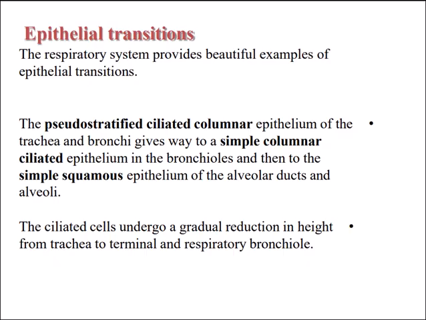Then bronchioles, which is simple ciliated columnar with simple cuboidal. And respiratory bronchioles, we have simple cuboidal partially ciliated, interrupted by alveoli. And alveolar duct and alveoli, they are simple squamous epithelium as well, and they are specialized for rapid gas diffusion.